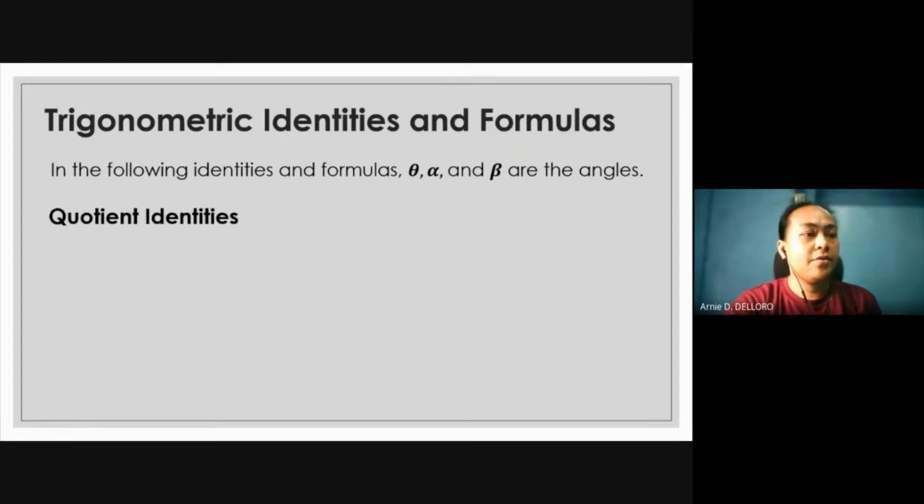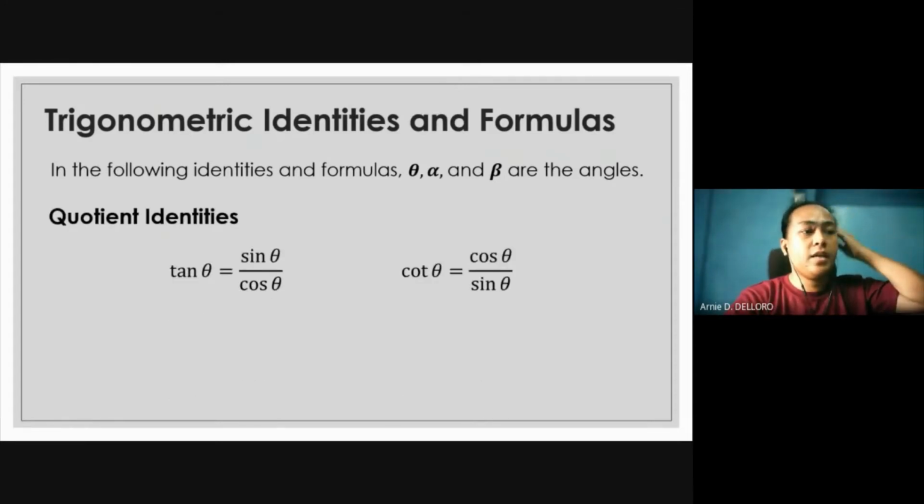So first we have the quotient identities. We have tangent theta is equal to sine theta over cosine theta. Cotangent theta is equal to cosine theta over sine theta. Okay? We can use these identities to prove other identities in trigonometry. So later we'll be having some examples of this.